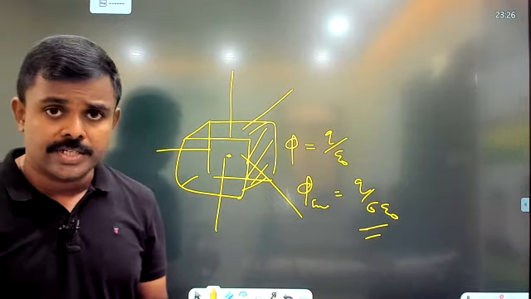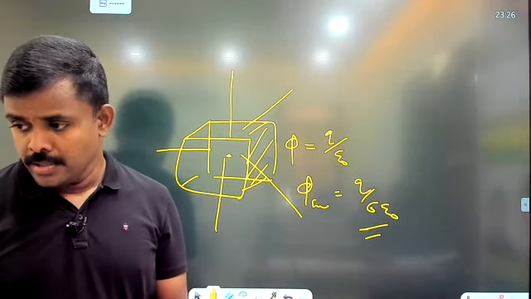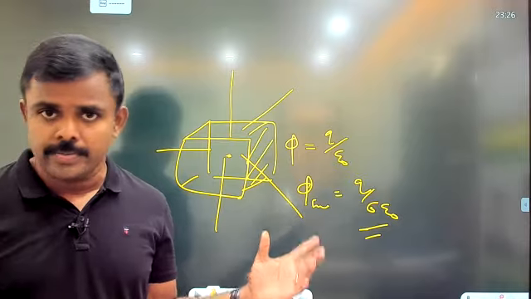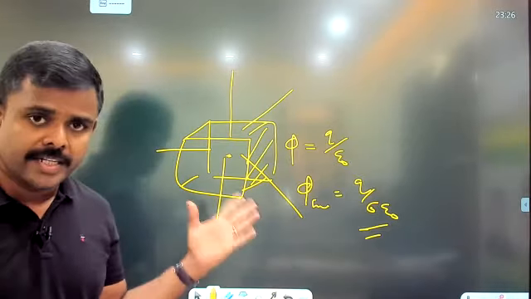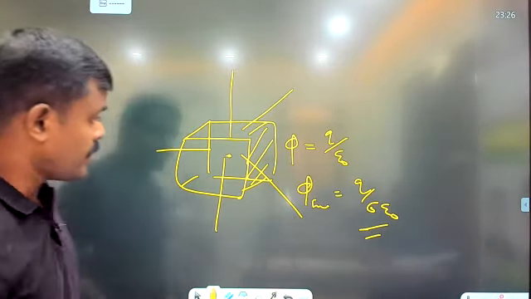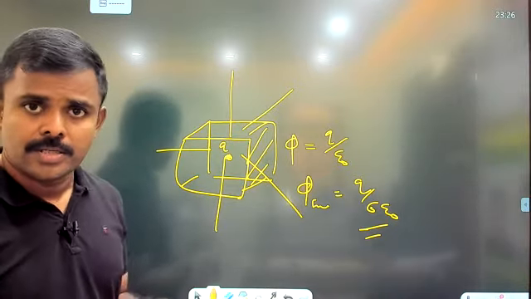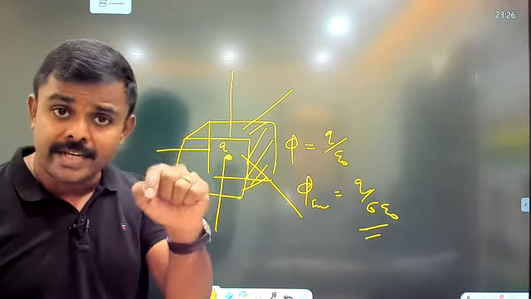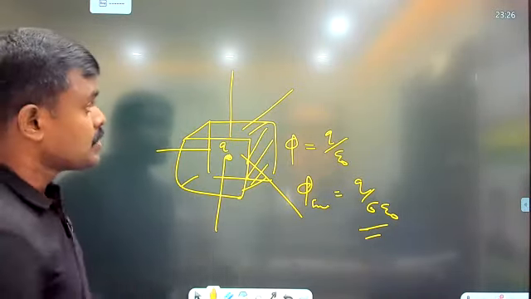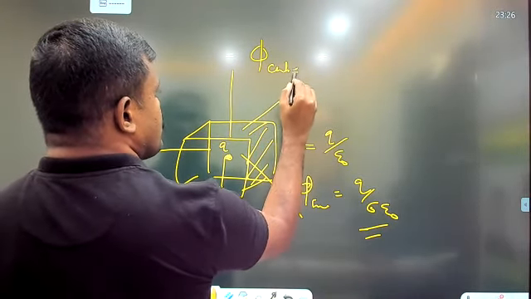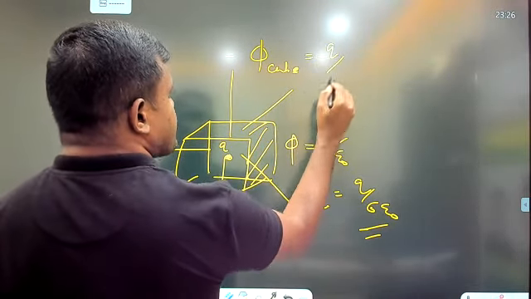Here comes an important question. This was also there in the pre-board, right? This is a previous question. We did this in class, and it is there in our worksheet. The question is, a charge is placed at the center. What is the flux through the cube? Flux through the cube is Q by epsilon 0.